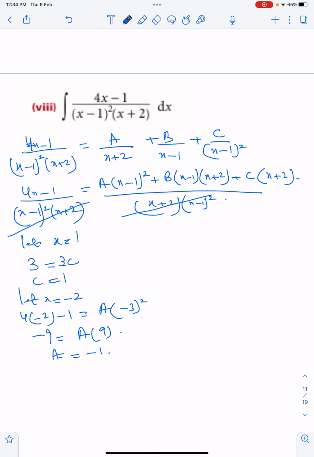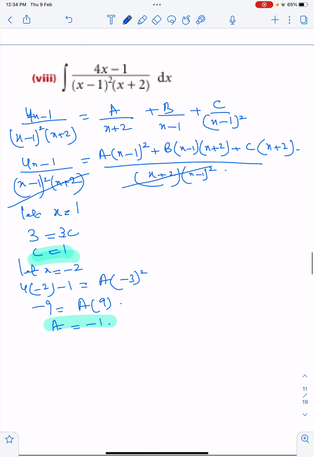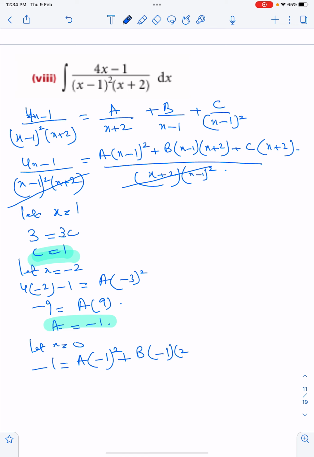I have the value of a and c right now. I just have to find out the value of b. Now for the value of b, I can take x as 0 maybe. Yes, let x equals 0. This is going to be minus 1 into 0 minus 1, which is minus 1 squared, plus b into 0 minus 1, which is minus 1, into 0 plus 2, which is 2, plus c into 0 plus 2, which is 2.